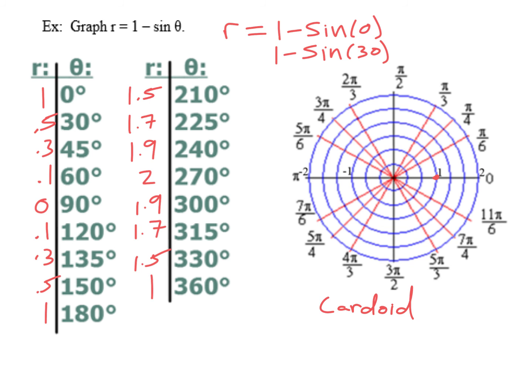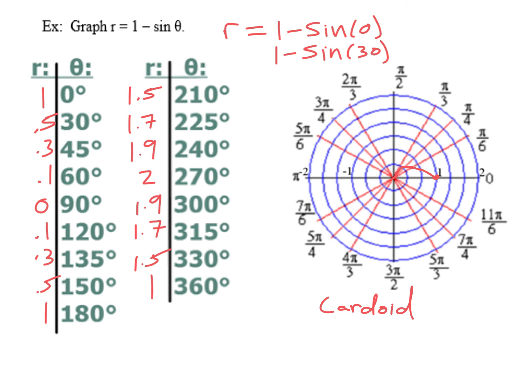All right, so 30 and 1/2 would be right here. 45 and 0.3 would be there. 60 and 0.1, 90 and 0. It's kind of doing this thing. Whereas the angle changes, it's kind of like zoning in on 0, more or less.